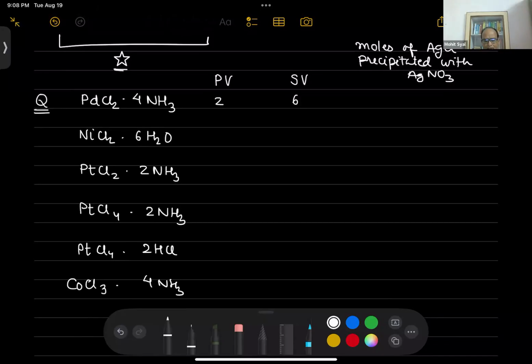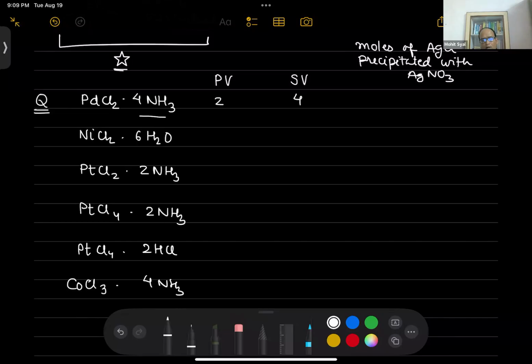So either 4 or 6. Suppose platinum, palladium is +2, then you can write the secondary valency is 4. And if platinum, palladium is +4, then the secondary valency is 6.